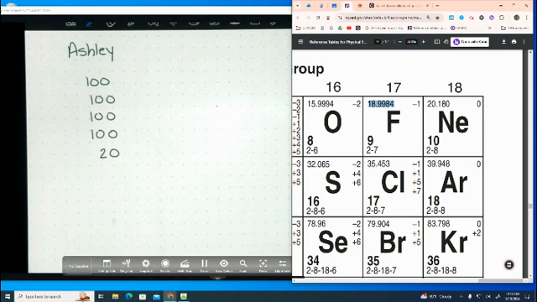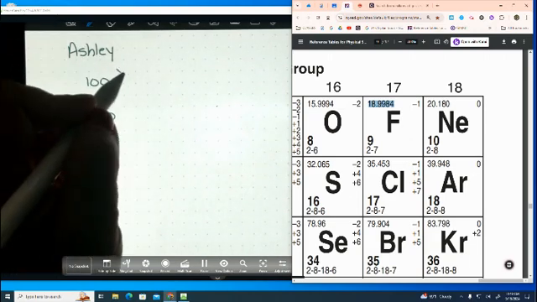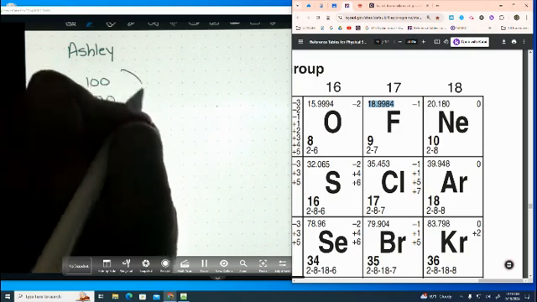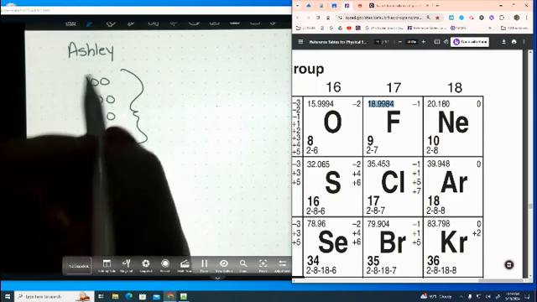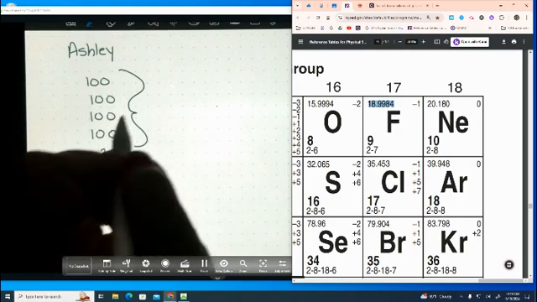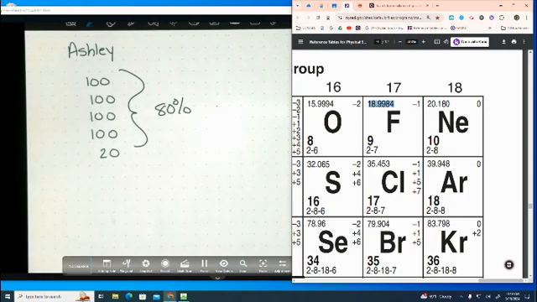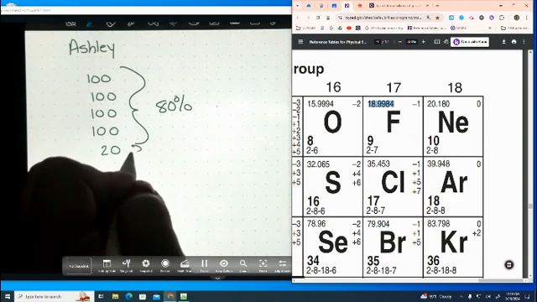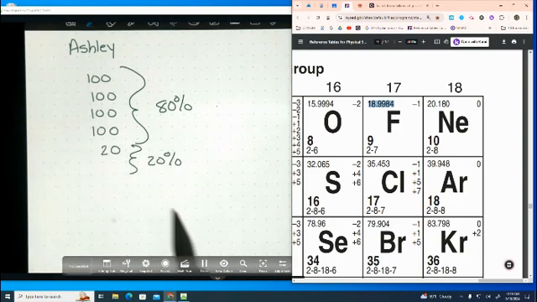Still fair. So you think I should give her on her report card a 20? Should I give her 100? No. I should probably give her somewhere around an 80, right? Her average on her report card should be closer to 100 because she has 80% of the time gotten 100 and 20% of the time only gotten a 20.